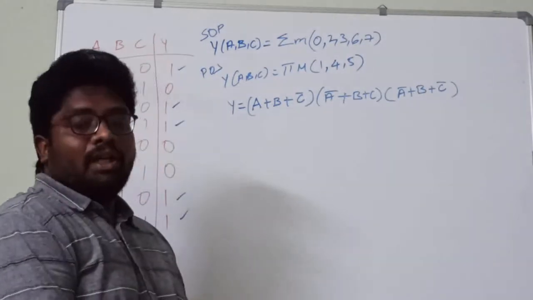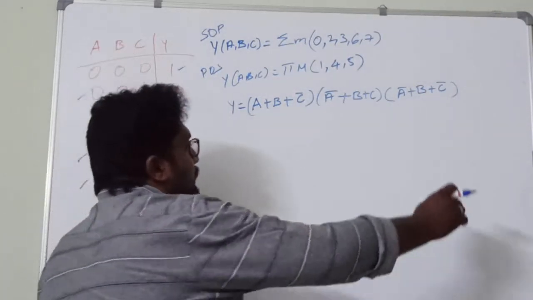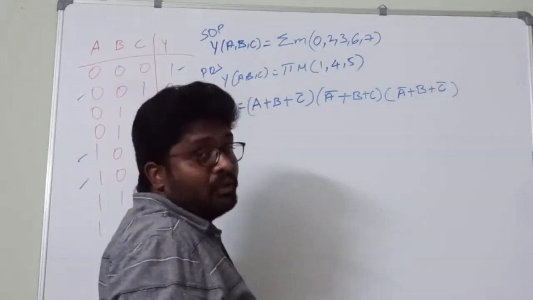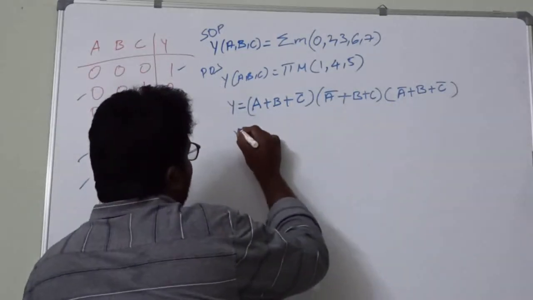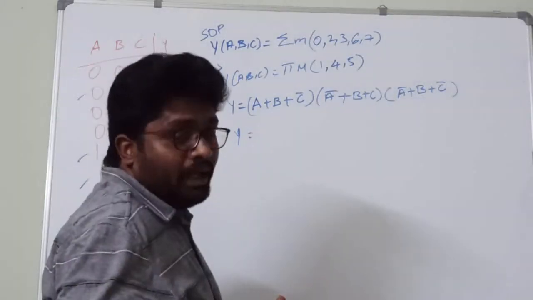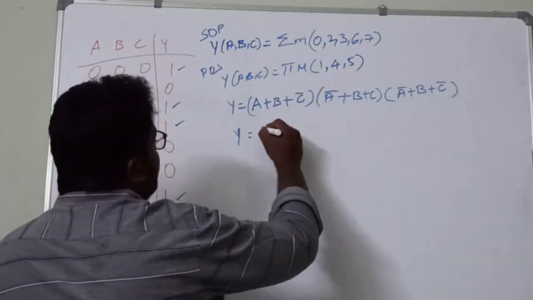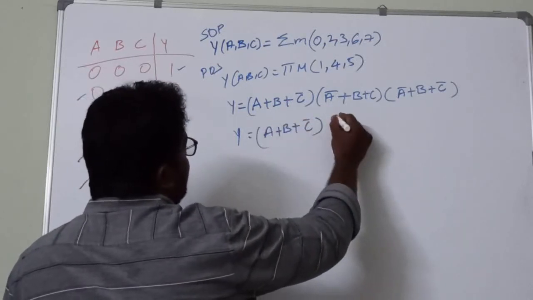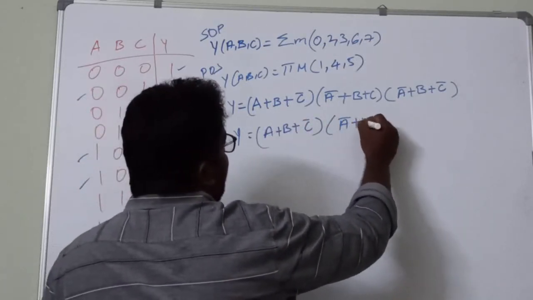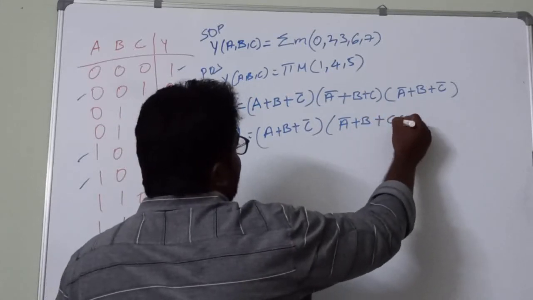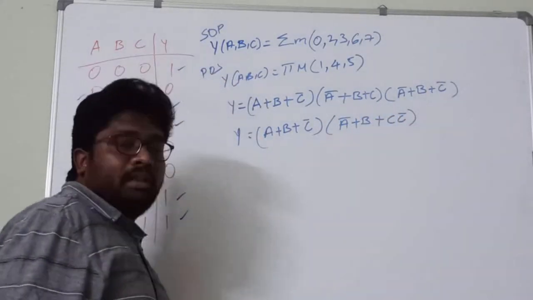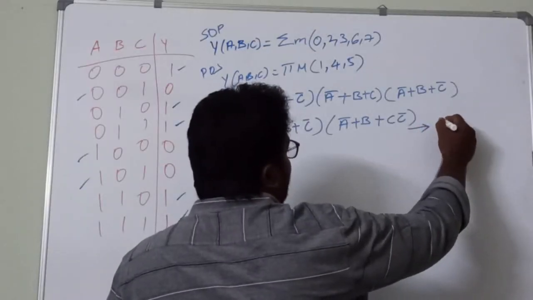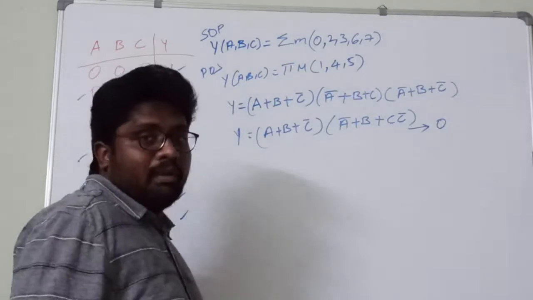So if you observe here, if you observe the last two max terms, A complement plus B are in common, right? So now the expression becomes, if I am taking that A complement plus B as common, A plus B plus C complement into A complement plus B plus C into C complement. So according to the AND operation rules, C into C complement will become 0.